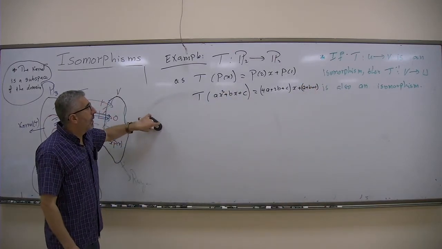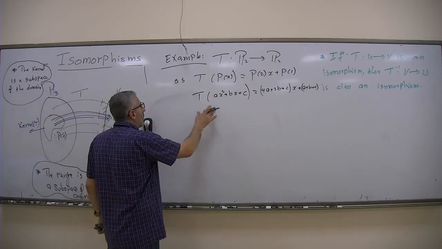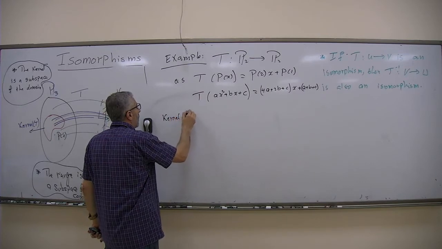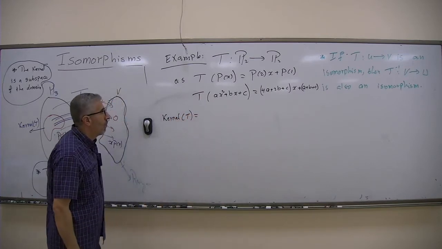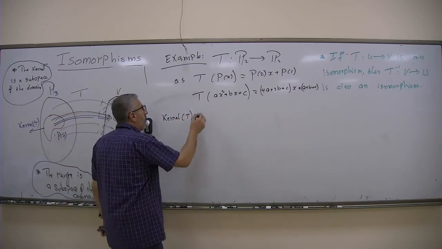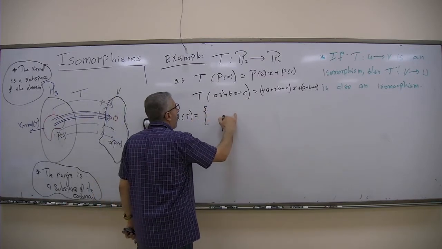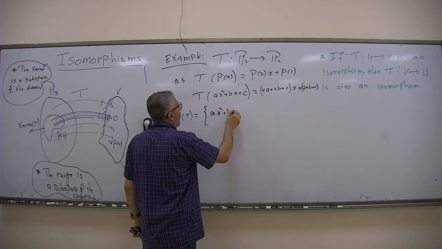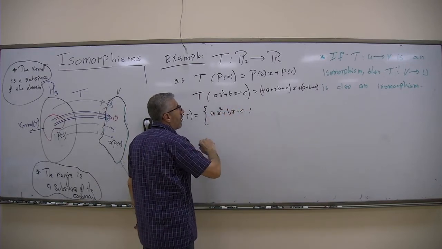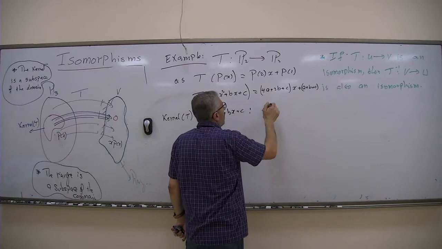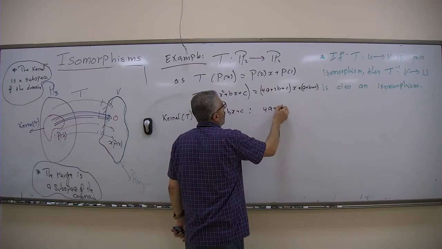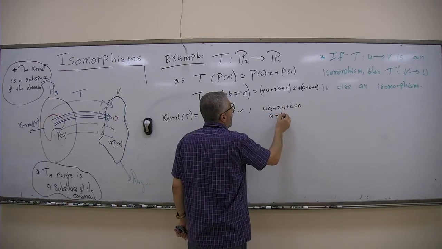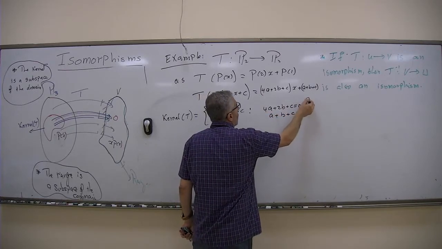So here, if you want the kernel of T, that is going to be all polynomials ax squared plus bx plus c, such that this is 0, which means 4a plus 2b plus c is 0, and a plus b plus c equals 0.